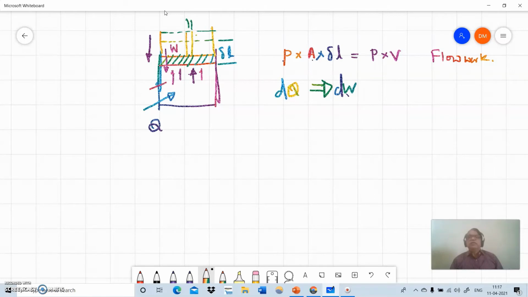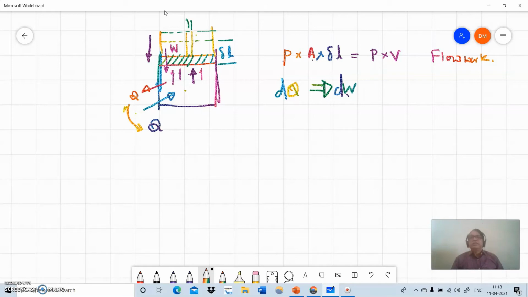And here we should get the same amount of Q rejected. But this Q and this Q are not the same, because some energy is not available to transform into heat, right? That is called unavailable energy, so it is stored in the system.